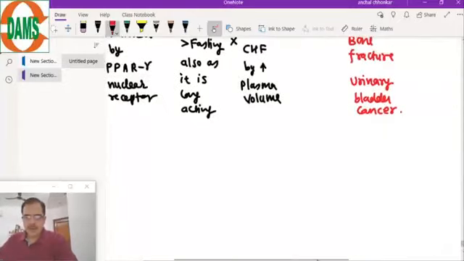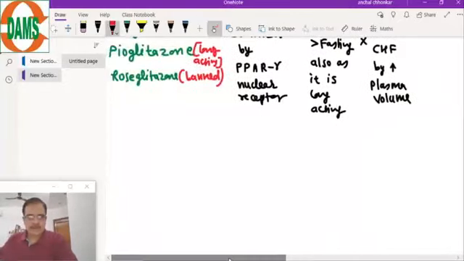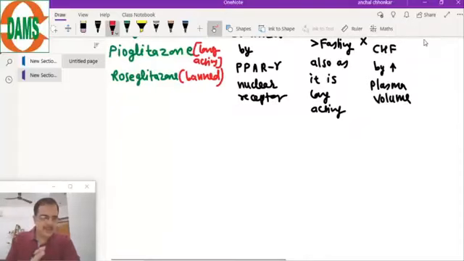Now moving on to the fourth drug. Wherever I am not mentioning before meals, that means that particular agent can be given irrespective of the meals. There is only one drug till now which we have seen is before meals, and that is sulfonylureas. Rest of the drugs you can give any time of the day.